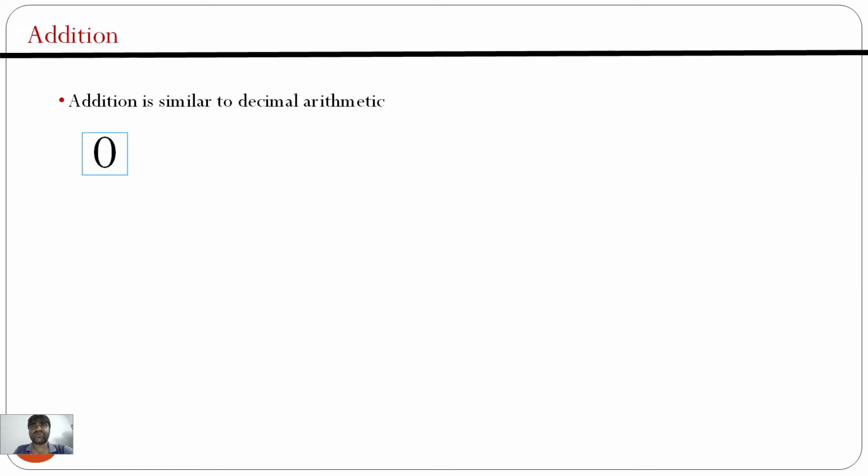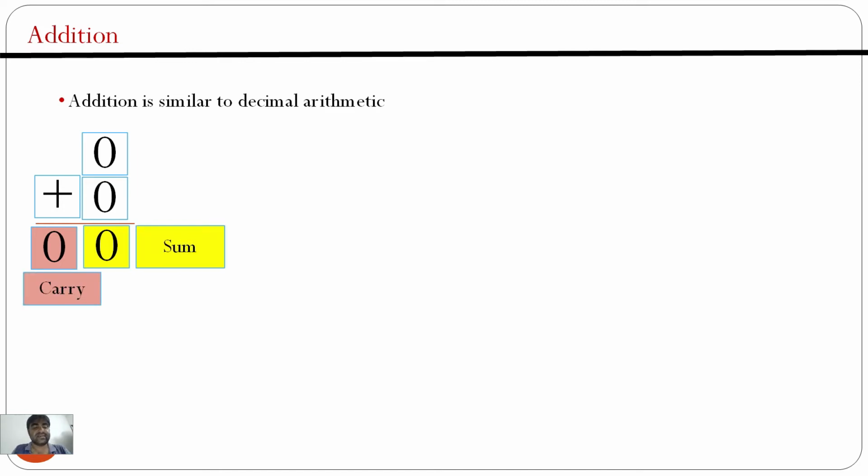Before going to the example, there are some formulas we have to memorize. 0 plus 0 equals 0, the simple formula which we use in binary. So 0 is the sum and this is the carry. 1 plus 1 equals 2, and 2 is represented as 1 0.